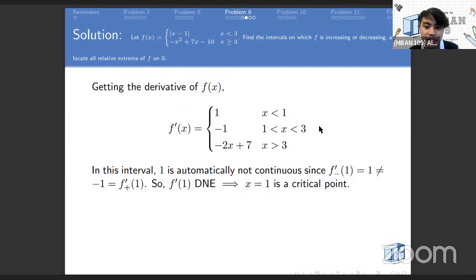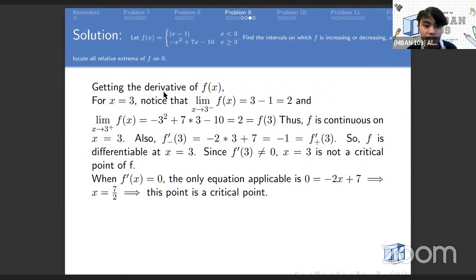So since hindi parehas yung derivative from left and from right, then hindi siya continuous. So una pa lang, f prime of 1 is DNE. So makikita natin, since from the definition of a critical point, f prime of c, dapat 0 siya or does not exist, yung x equals 1 is masasabi natin siya isa siyang critical point.